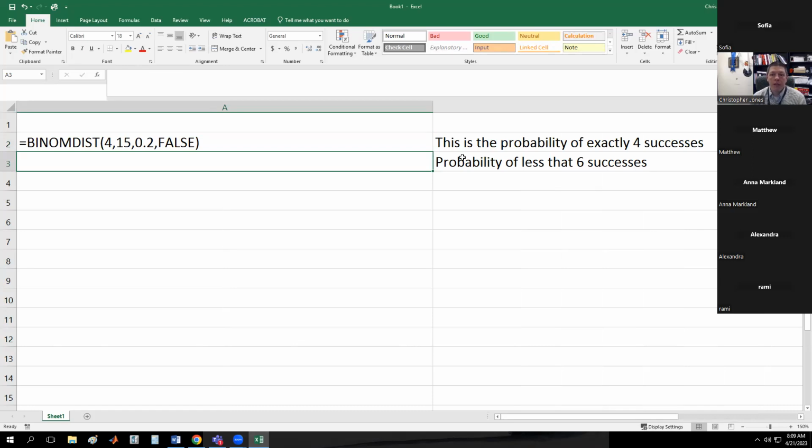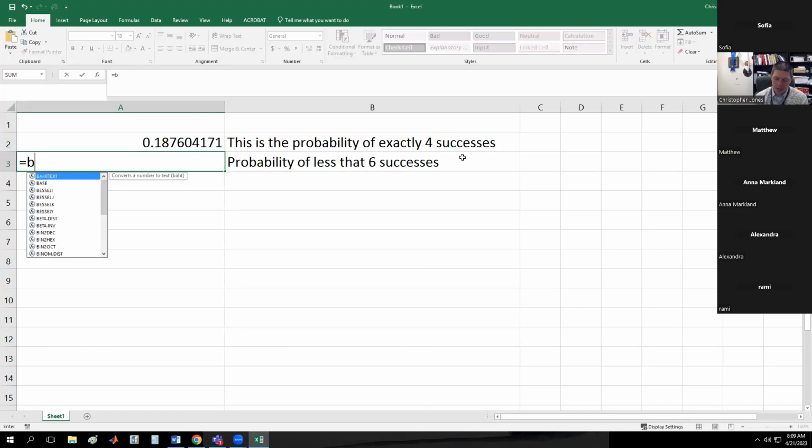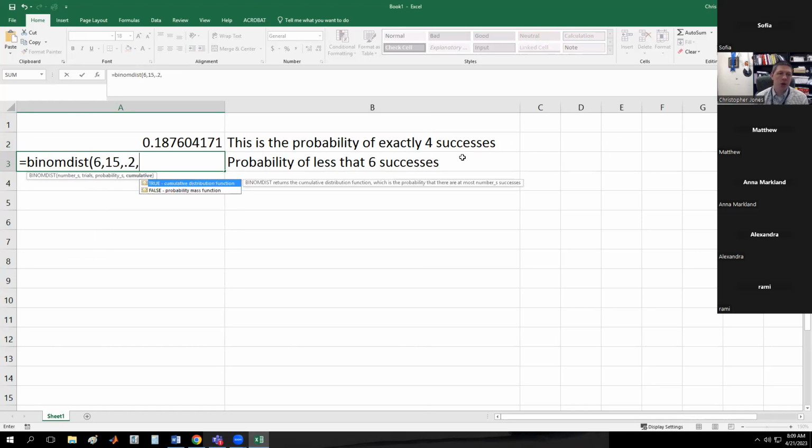If I want the probability of less than 6 successes, I'm going to do the exact same thing. So binom dist. I'm going to type in 6, comma 15, comma 0.2. All right, so it's the exact same inputs, the only thing that's different is 6.